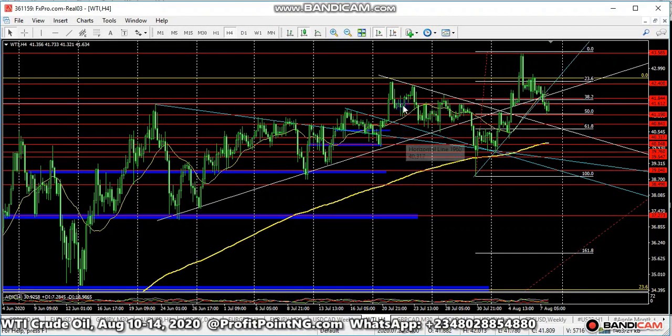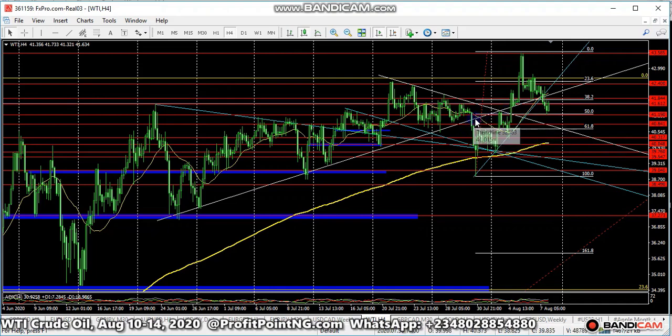WTI, as I explained a couple of weeks ago, played with this bullish reversal flag for about 10 days, and we had been waiting for it to break that flag.